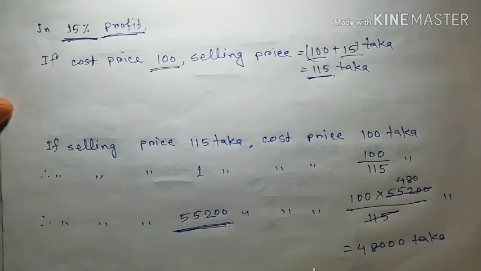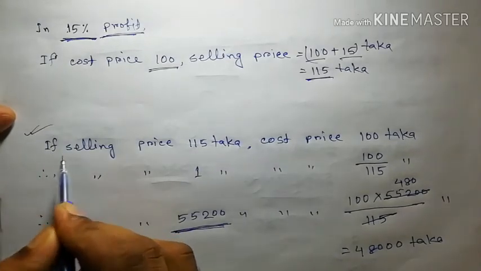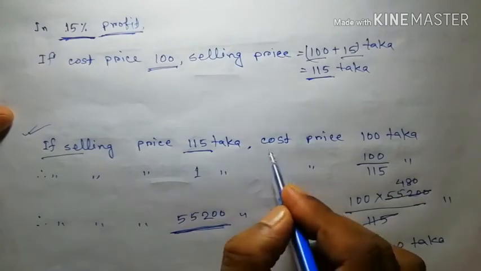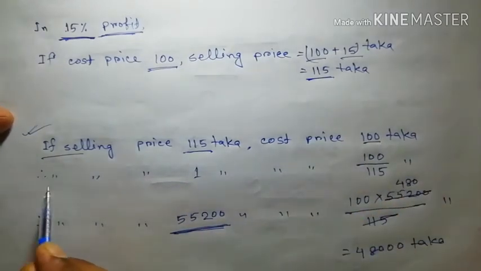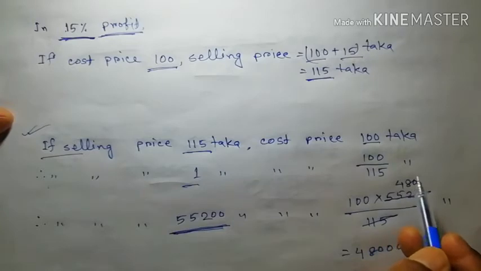Now we calculate cost price, so we can write if selling price is 115 taka, then cost price is 100 taka. So if selling price is 1 taka, then cost price will be 100 divided by 115 taka.